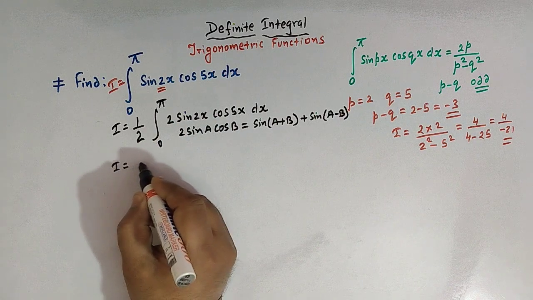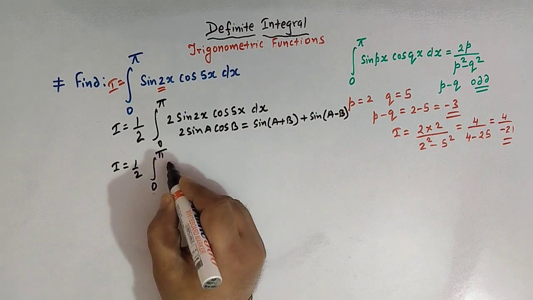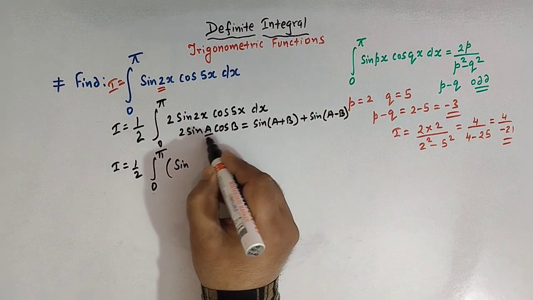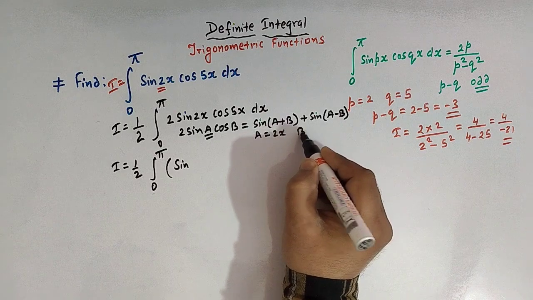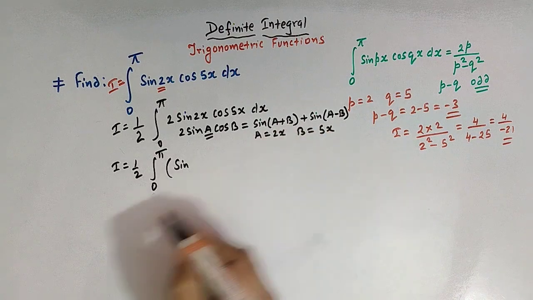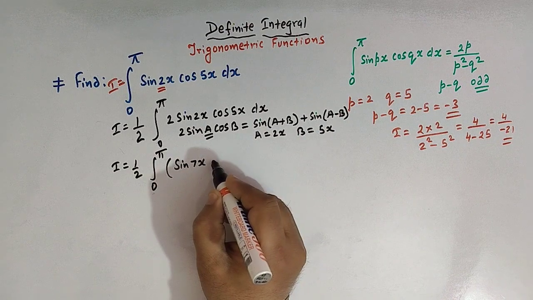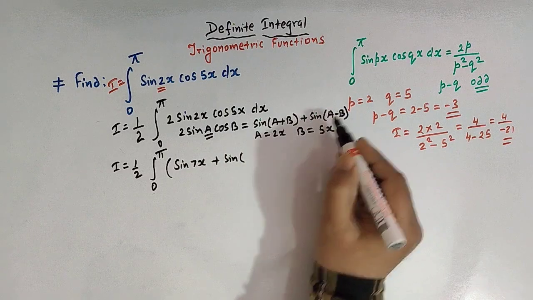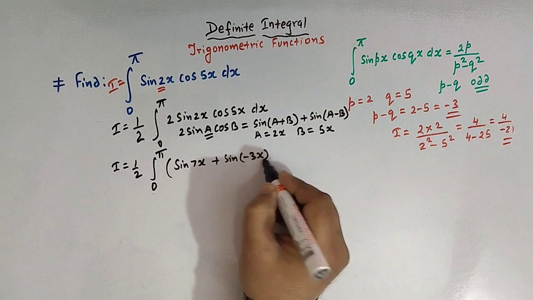So I can now be written as half, integral from 0 to pi, sine of a plus b, where a is 2x and b is 5x. So 2x plus 5x is 7x, and then sine of a minus b, where 2x minus 5x is minus 3x.